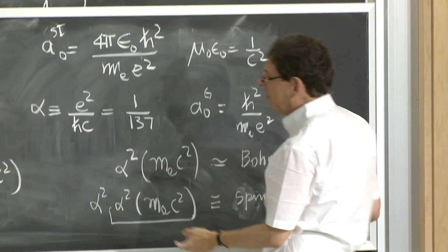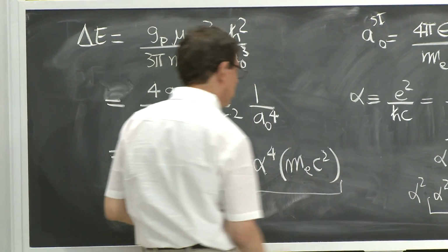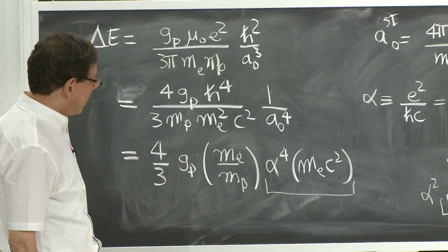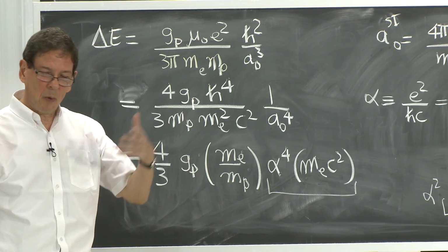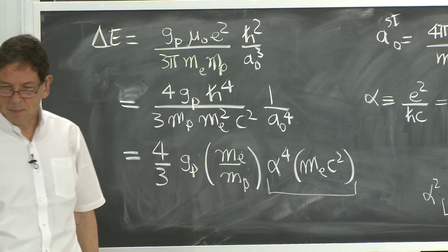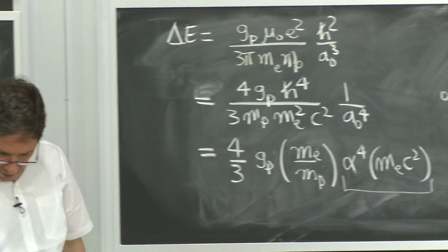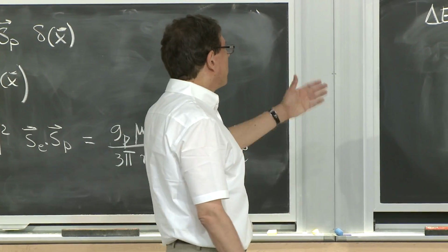And here you have basically this alpha to the 4th, so this would be comparable to spin orbit. And you have a further reduction, mass of the electron over mass of the proton, which is like 1 over 2,000. More precisely, 1 over 1836. So now you can plug numbers.